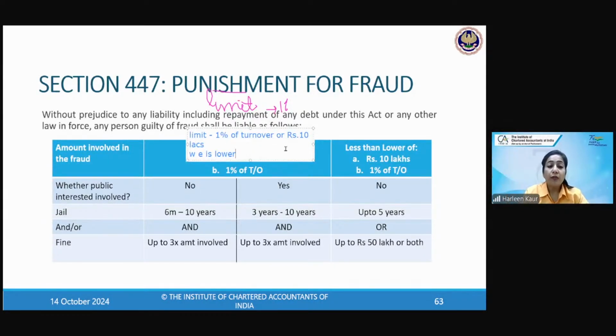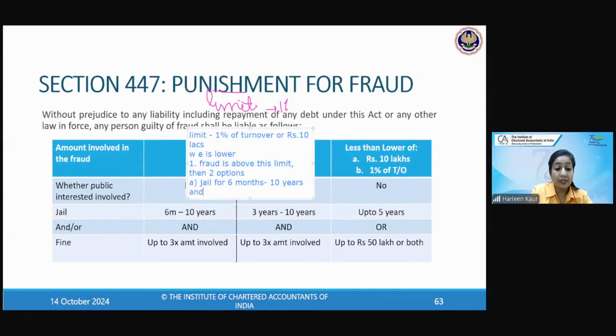Now, if the fraud that you have done is above this limit, then you have two options. Number one is jail for 6 months, which can go up till 10 years.